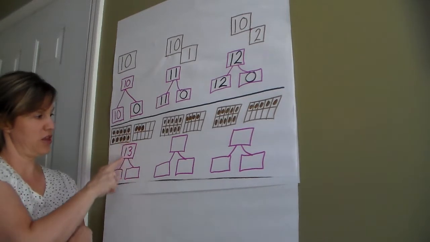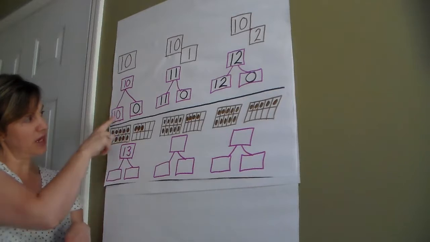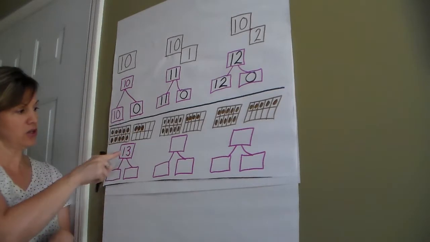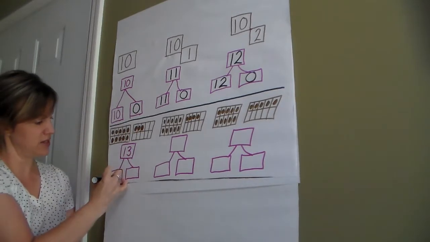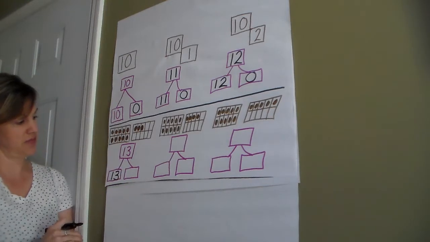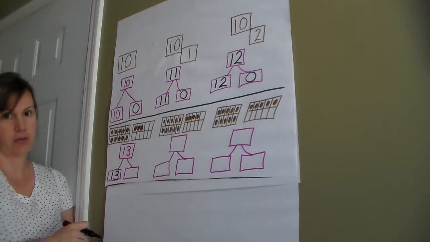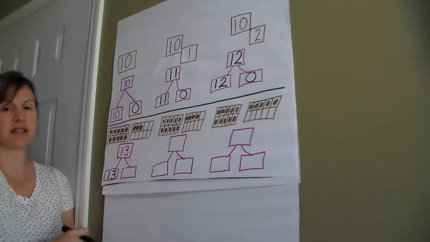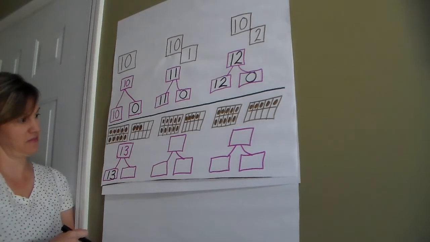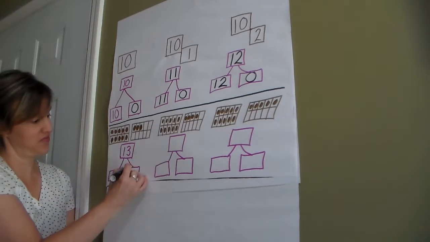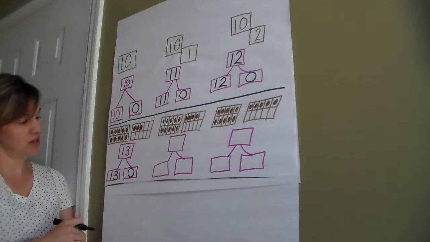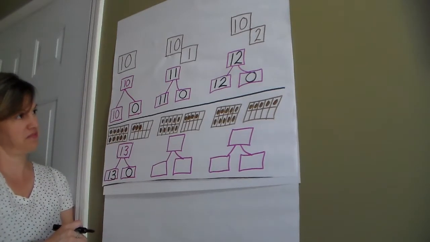So there is my 13. And I'm going to keep rolling with the pattern. So I'm going to put the 13 down here. This is one of my parts. And what would my other part be? 13 plus something equals 13. 0. 13 plus 0 equals 13.